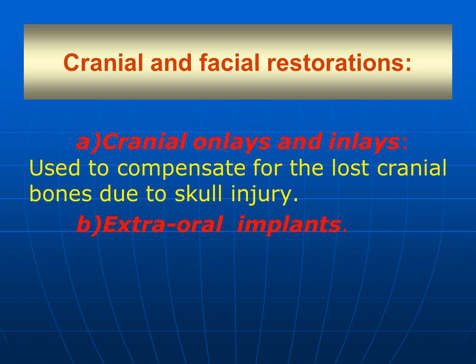Cranial and facial restorations include two types: cranial onlays and inlays, which are used to compensate for lost cranial bones due to skull injury, or extraoral implants, which are used for holding an extraoral prosthesis.